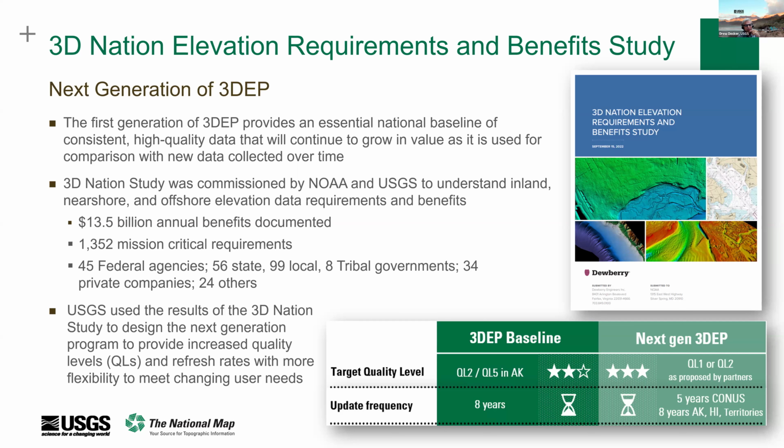You can see a number of federal agencies and state, local, tribal governments as well. And so we're using this to kind of reestablish the need for 3DEP and how can it be improved. So we're wrapping up the baseline, and you can see the next generation of 3DEP. And I've got a little table that'll show that. And the 3D Nation elevation study is available online for download too.